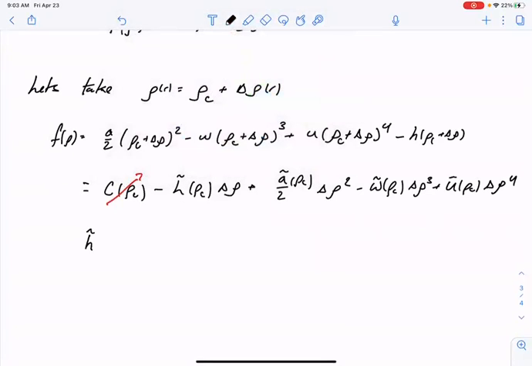H tilde of rho c is a number that depends on our original field: a rho c plus w rho c squared minus u rho c cubed.